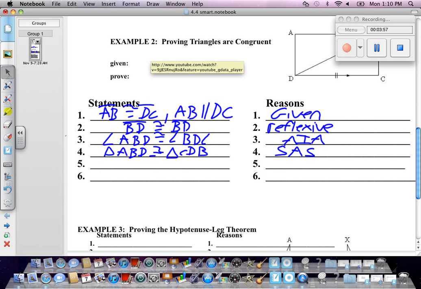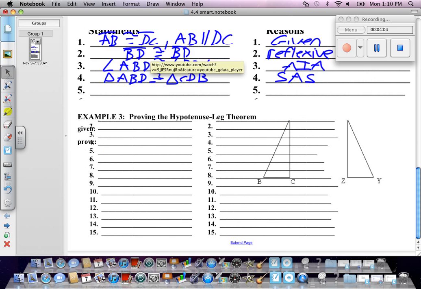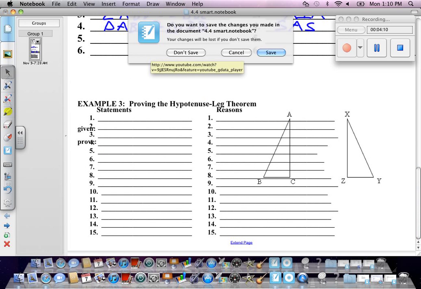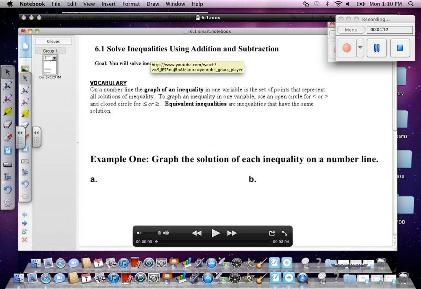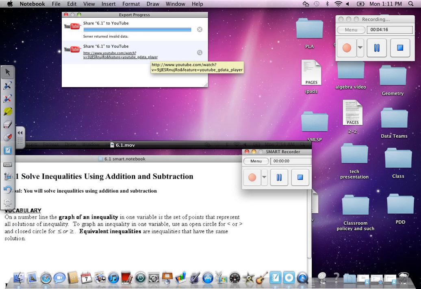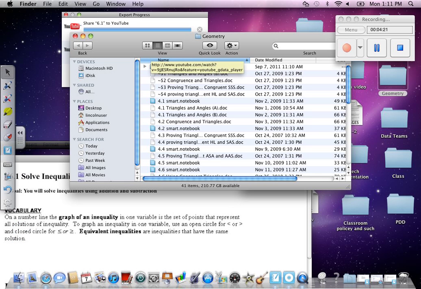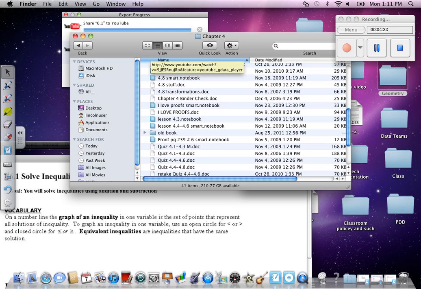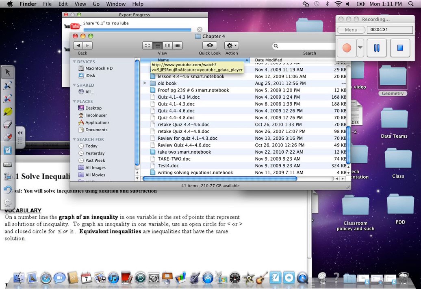All right. This one is very, very long, and I think I have one typed up, so you'll have to give me one second. Hold on one second. I want to say I have a hypotenuse-leg theorem already written out.